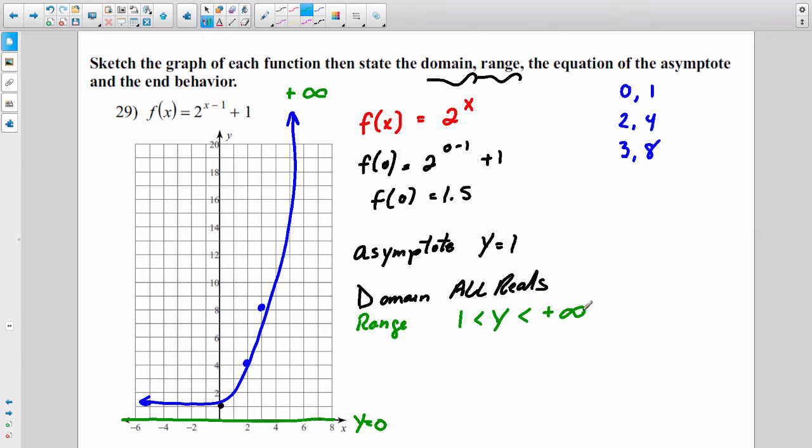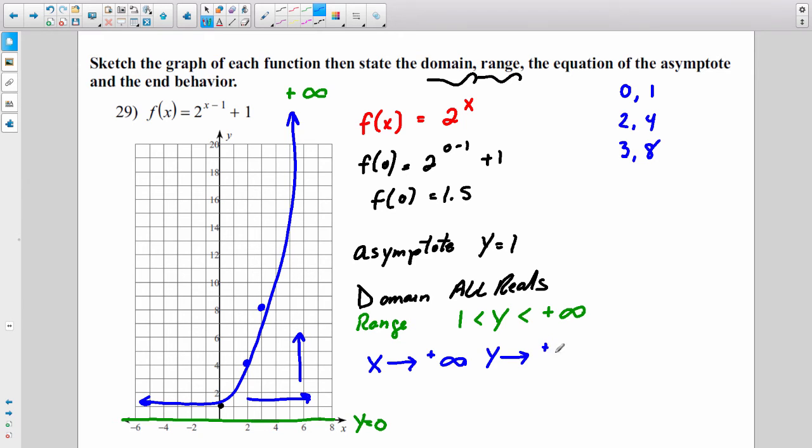End behavior. That's just a fancy way to say what happens as the x's go to the right and what happens when the x's go to the left. So, no magic. Let's just talk about it. So as x, and then you draw this arrow which means approaches, positive infinity, what's happening to the y values? So as x goes to the right, I'm looking at a graph that's heading to infinity.